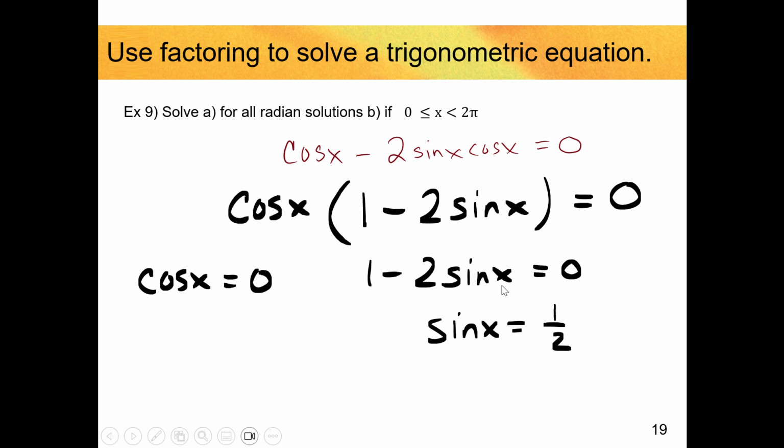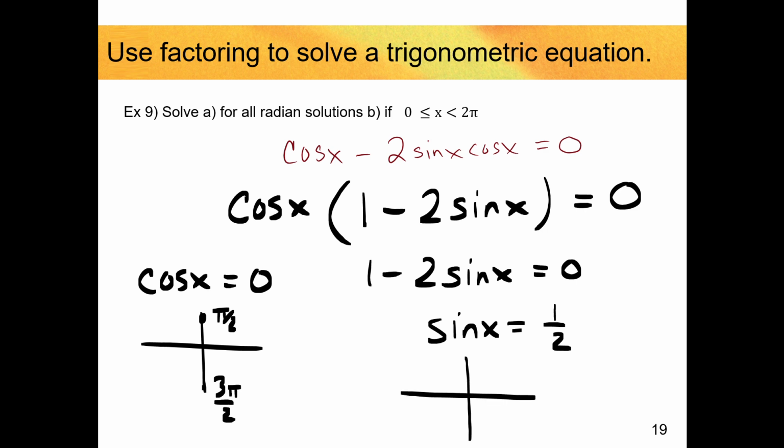By factoring, I made individual pieces for my trig functions. Now I can take a look at the unit circle and find out when those things happen. Anybody know when cosine of x equals 0? Pi over 2. Perfect. Pi over 2 and 3 pi over 2, since we're in radian measurement. When does sine give you a 1/2?